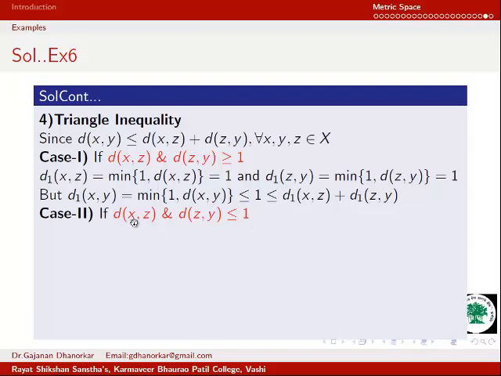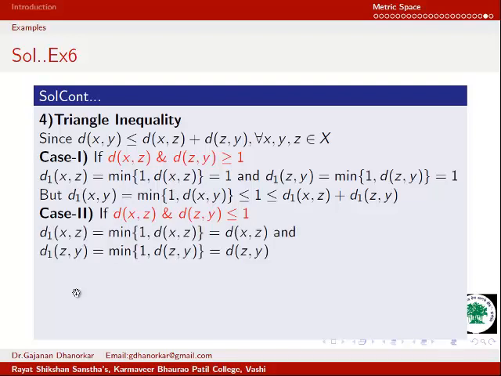What will happen? d of xz and d of zy are less than or equal to 1. Now we will check again. If this is less than or equal to 1, then d1 of xz is equal to, as per our definition of the given problem, the minimum of 1 comma d of xz. This is less than or equal to 1, so this may be 0.5, 0.7, anything.